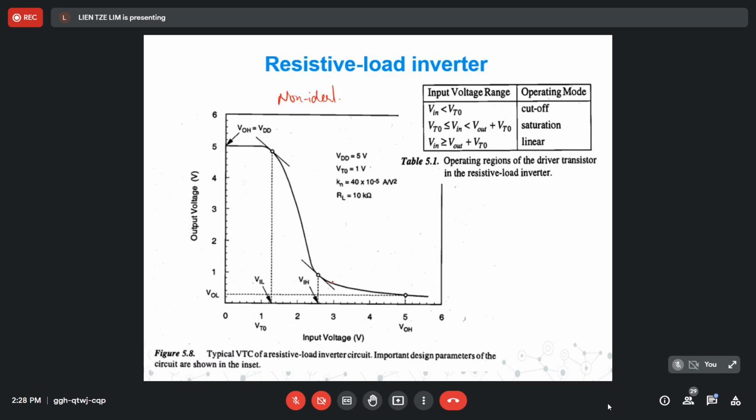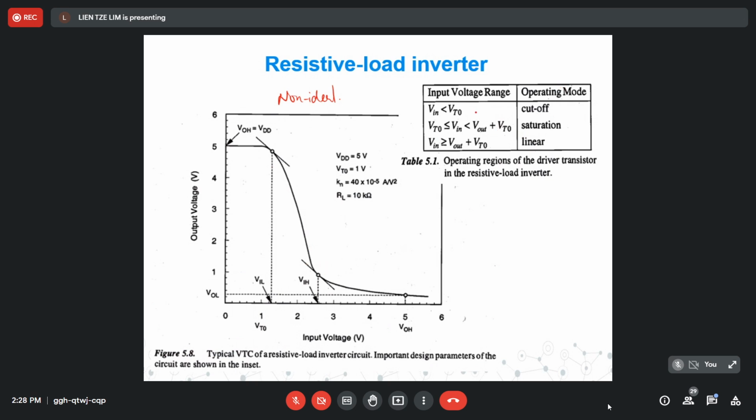Based on this VTC of the resistive load, we can know the voltage levels of the input voltage and output voltage. Here the table already shows you the operating modes: cutoff, saturation, and linear. We can relate this with this diagram.